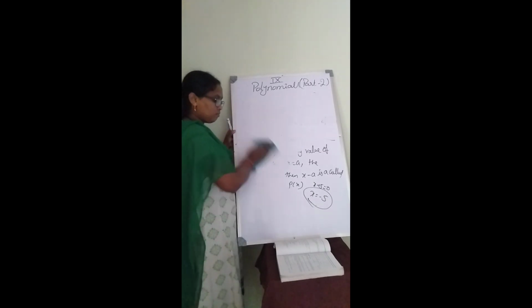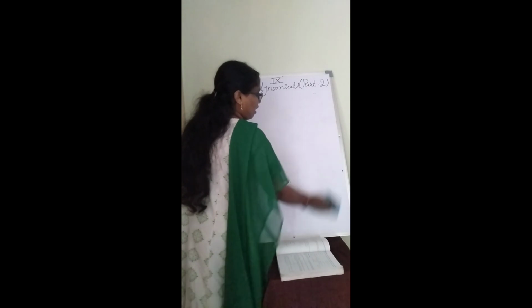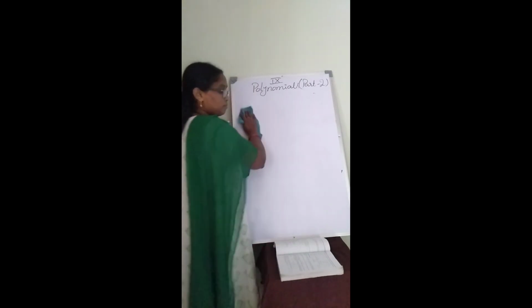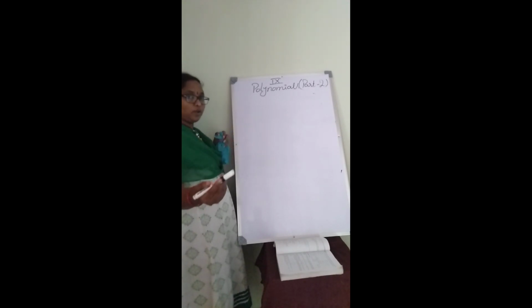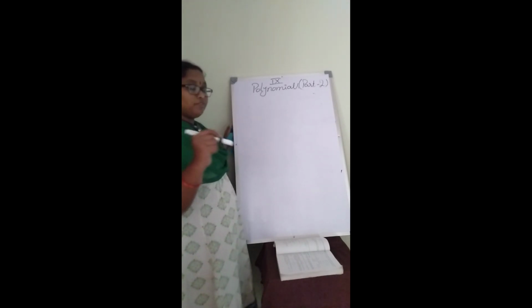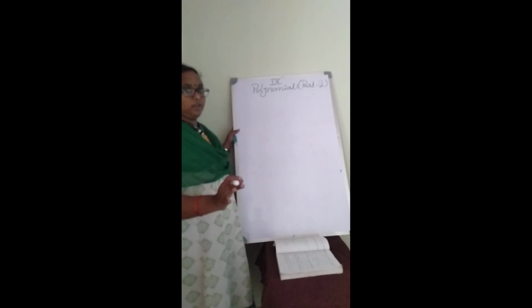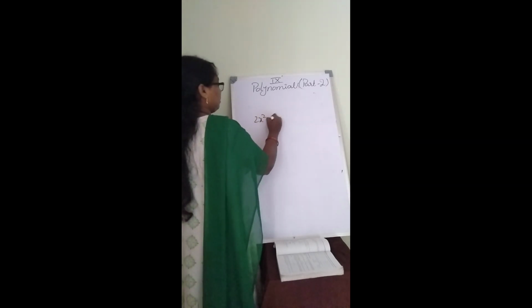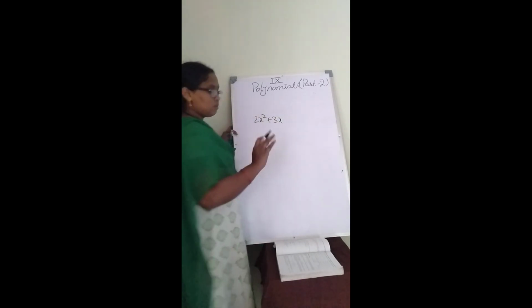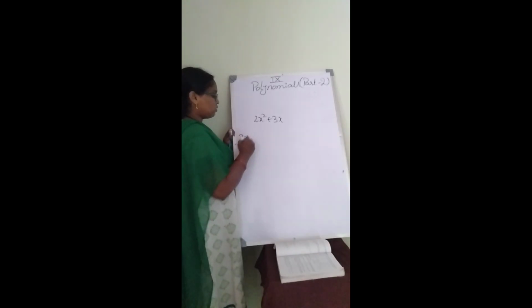If it is a factor, the value is what we call the zero of the polynomial. After substituting that value in the polynomial, whatever result you get, if it is 0, then that x value we call the zero of the polynomial. Suppose I take 2x square plus 3x, which is a polynomial, and I take x equal to 1.